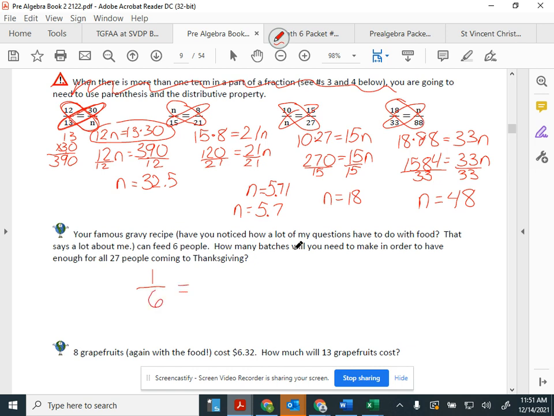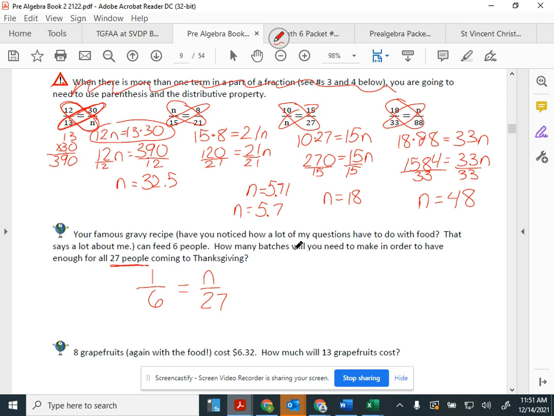That equals, it equals what? I know there's 27 people. So if that was 6 people, we want to put the people with the people, right? Do we know how many batches we need? We don't know that. That's where our n goes.